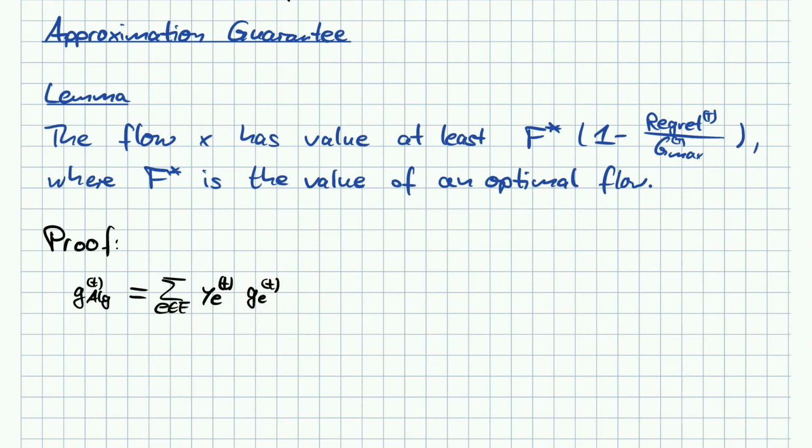This g_e^t, I hope you remember, was the following. For every edge on the path that is chosen by our algorithm, it was c_t divided by c_e, and for every other edge, it was simply 0.